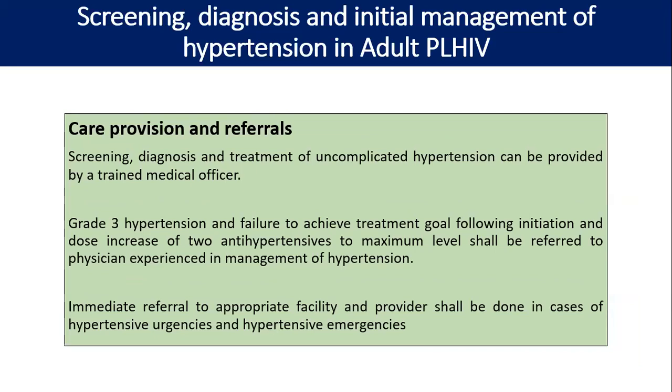Along with this treatment, we need to screen, diagnose, and treat uncomplicated hypertension by a trained medical officer, and this management can be given in the ART center itself. However, in case of grade 3 hypertension, that is hypertensive emergencies and urgencies, or in those cases where there is failure to achieve the treatment goal, that is systolic pressure of less than 140 and diastolic blood pressure of less than 90 millimeter of mercury, even after using 2 antihypertensive medicines to the maximum dose, then we need to refer these cases to a physician who is experienced in the management of hypertension.